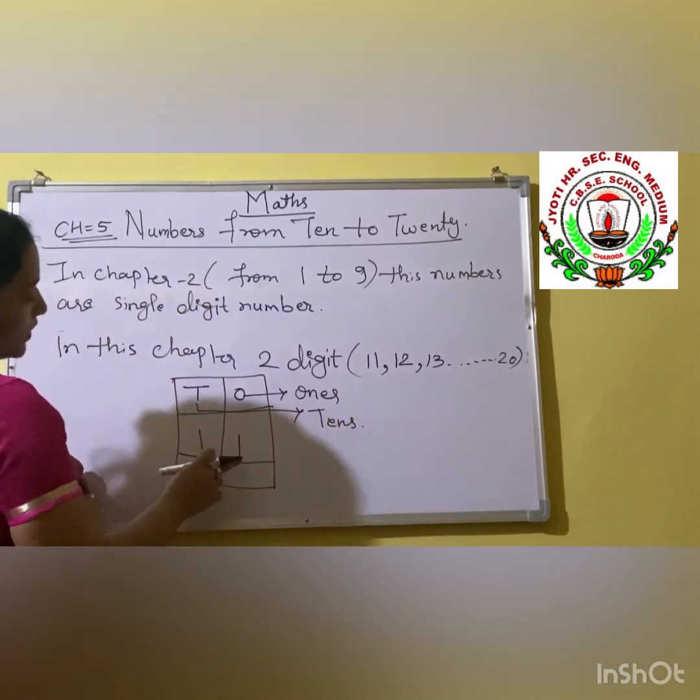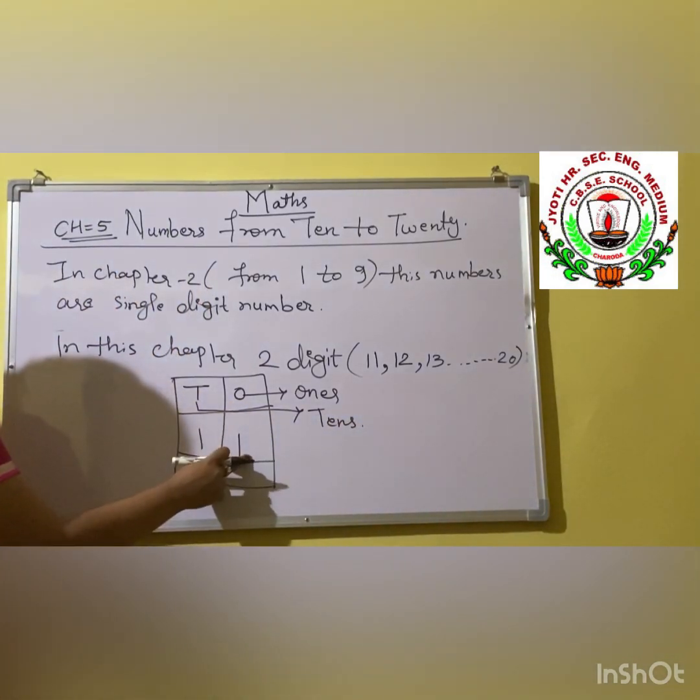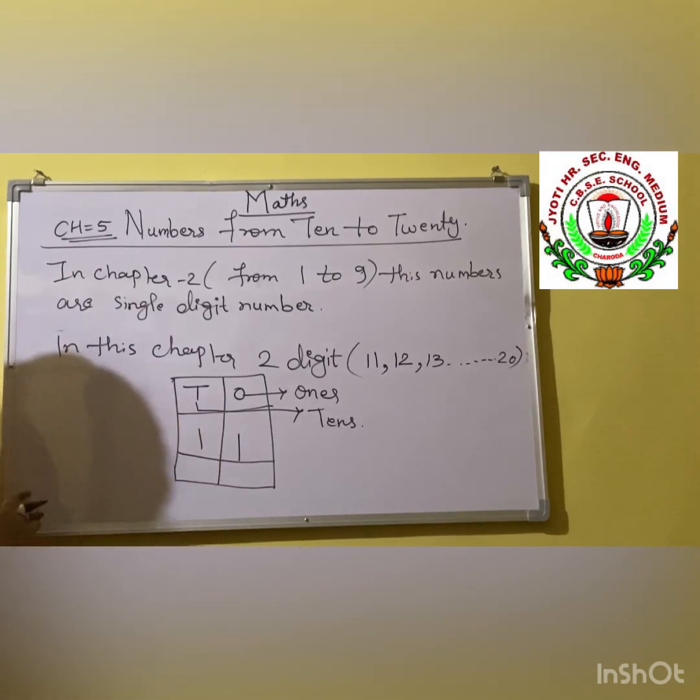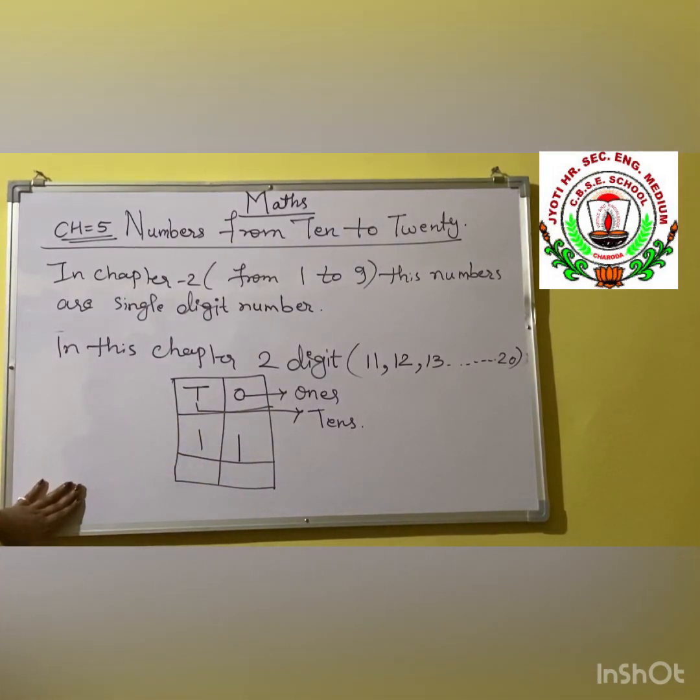So the first one stands in ones place and the second one stands in tens place. This way we can understand which number is coming in tens place and which number is coming in ones place, isn't it?